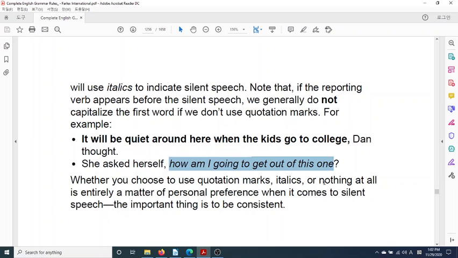This can sometimes be used when writing a book if you don't want to use quotation marks, because again, technically they're not saying it, they're thinking it. So this is a way for writers to imply that this is something the character is thinking rather than saying out loud, right?